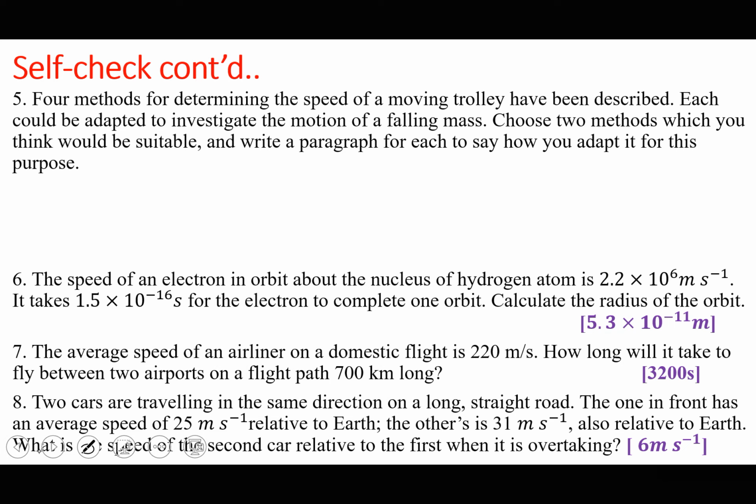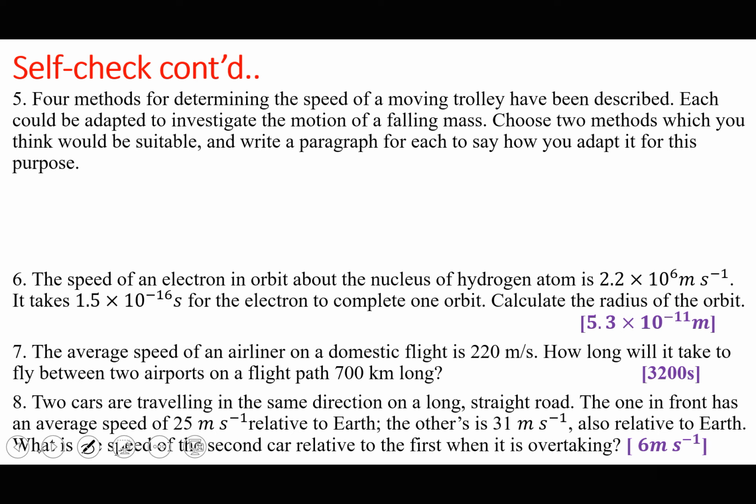Four methods for determining the speed of a moving trolley have been described. Each could be adopted to investigate the motion of a falling mass. Choose two methods which you think would be suitable and write a paragraph for each to say how you would adopt it for this purpose. So we have described the four methods above.